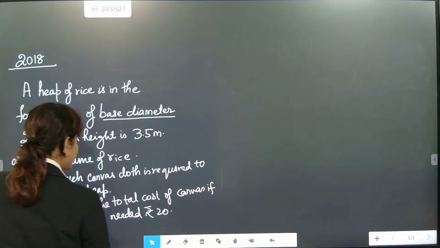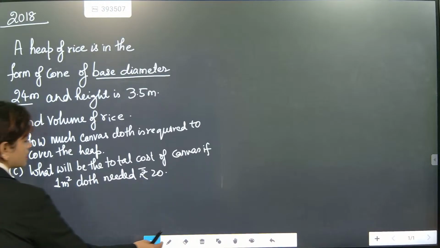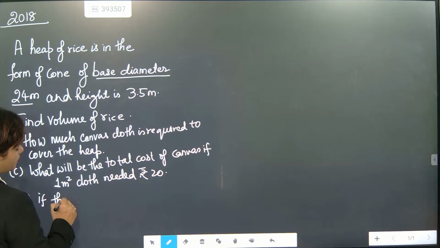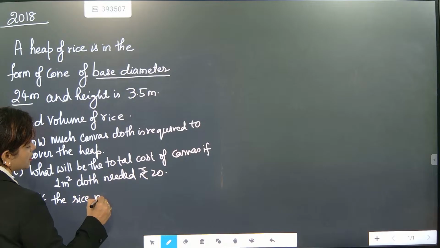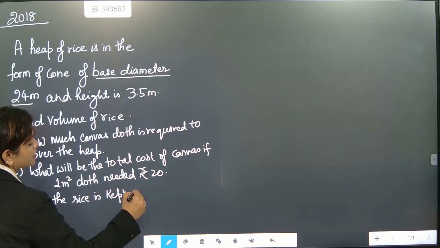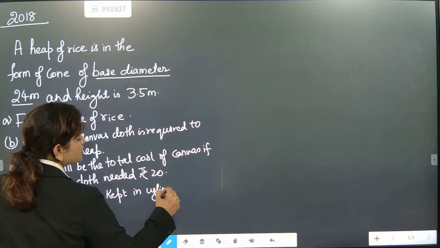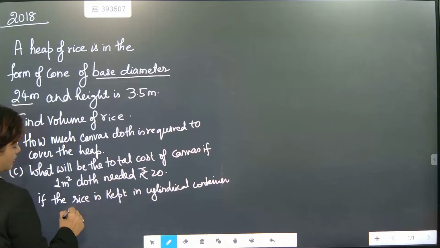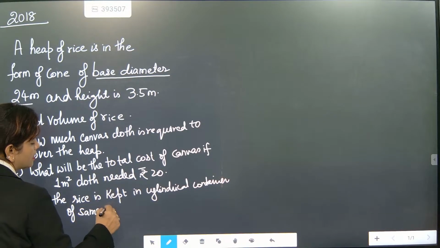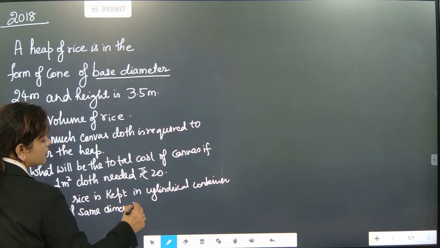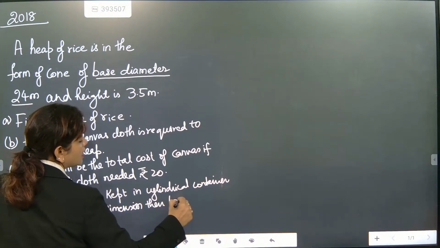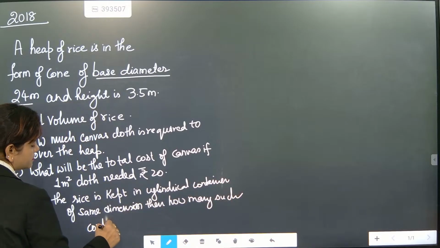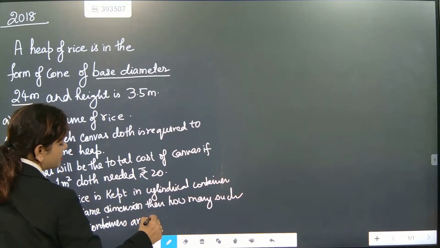Understood? The last part of the question is, if the rice is kept in a cylindrical container of the same dimension, then how many such containers are needed?